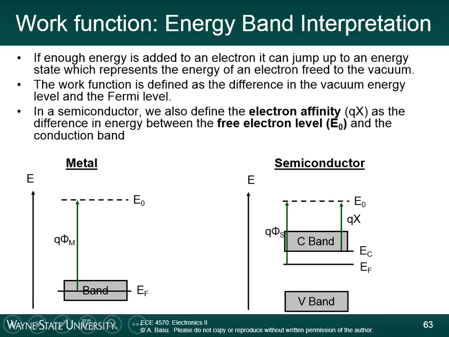Now, if you remember back to chapter 3, we talked about the differences between metals, semiconductors, and insulators. We said that all three materials have energy bands. They may have multiple energy bands. The location of the Fermi level with respect to the energy band is what determines if a material is a metal, insulator, or semiconductor.